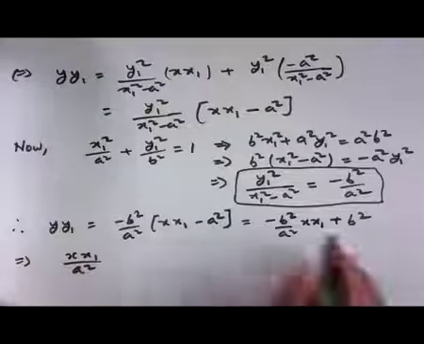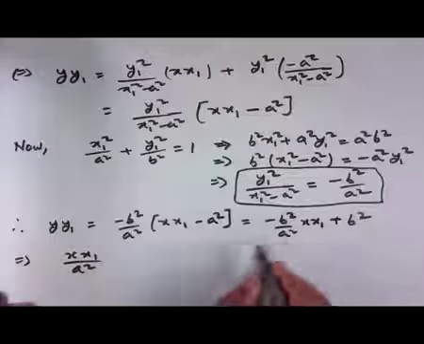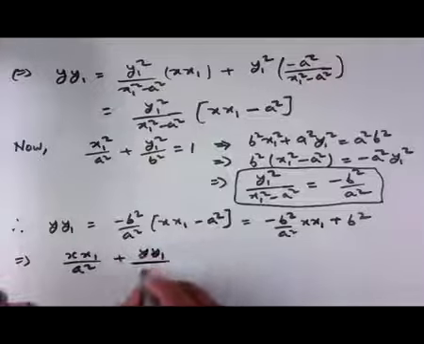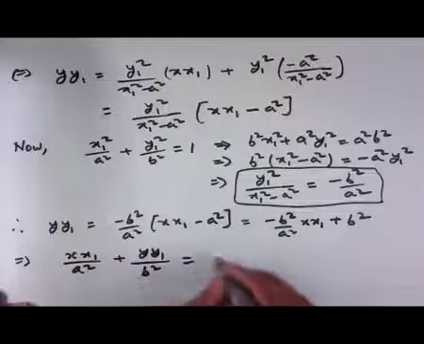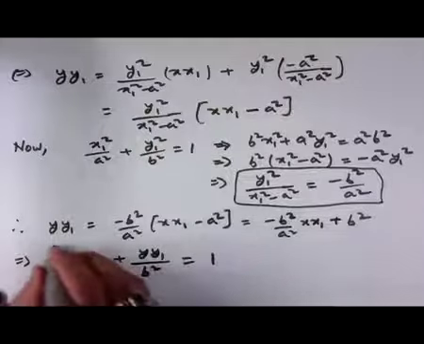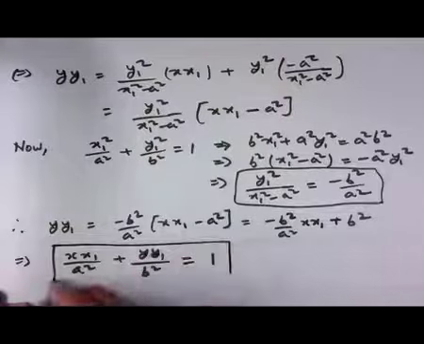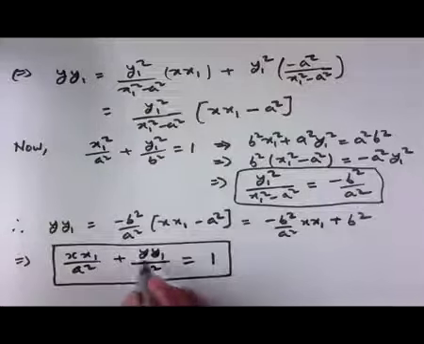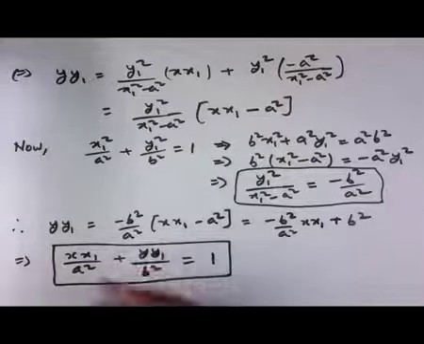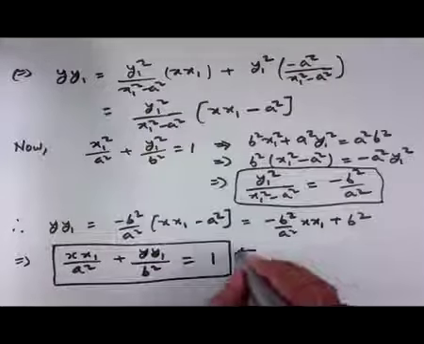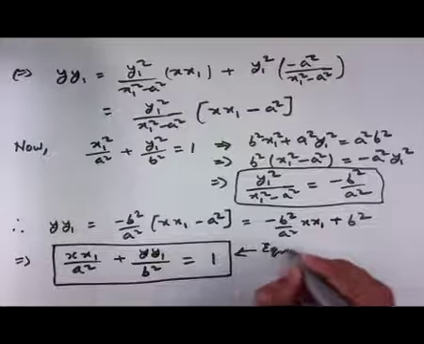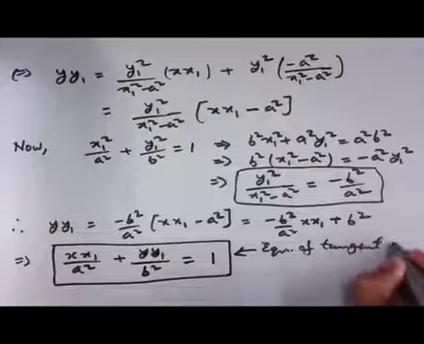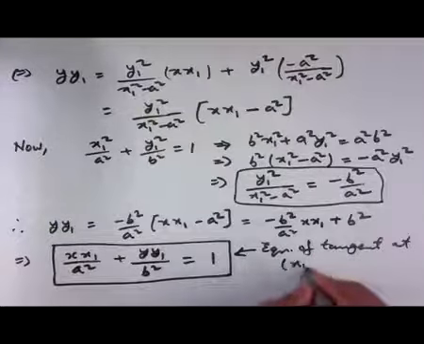By dividing the above equation by b square, we get x1 x by a square plus y1 y by b square is equal to 1. So, we will remember the equation of the tangent line at point (x1, y1) to the ellipse in this form. So, this is the equation of the tangent at (x1, y1).